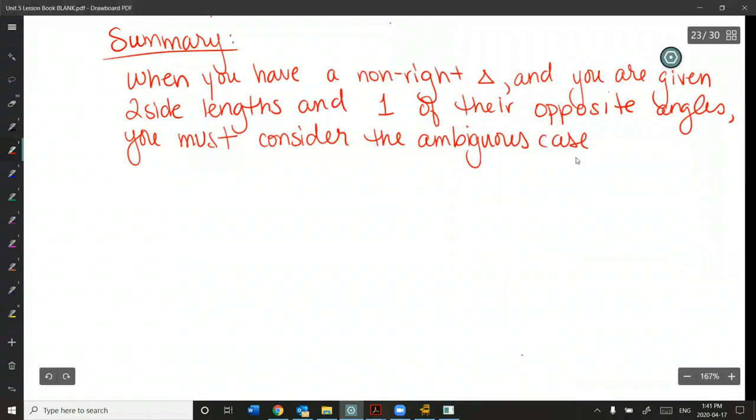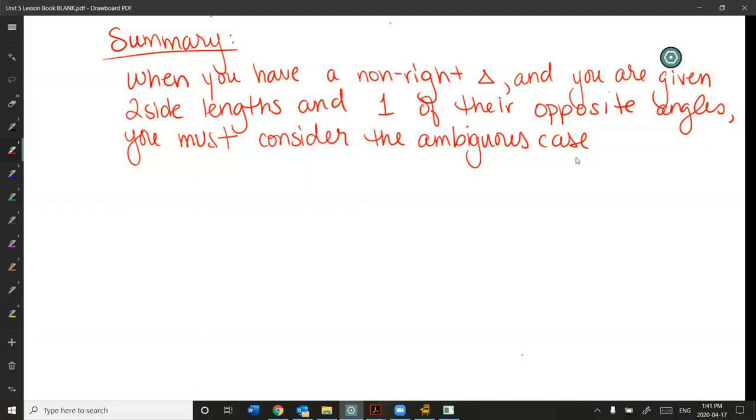So just as a little summary for you guys, the only time that we would consider that there could be a potential ambiguous case or second triangle that could be created is when we have a non-right triangle and we're given the scenario where we are given two of the side lengths in the triangle and one of their opposite angles.